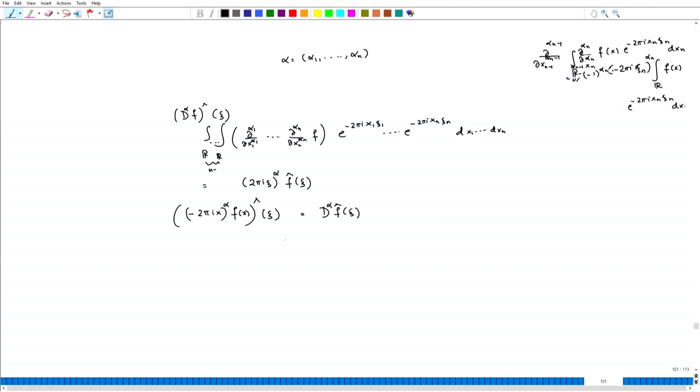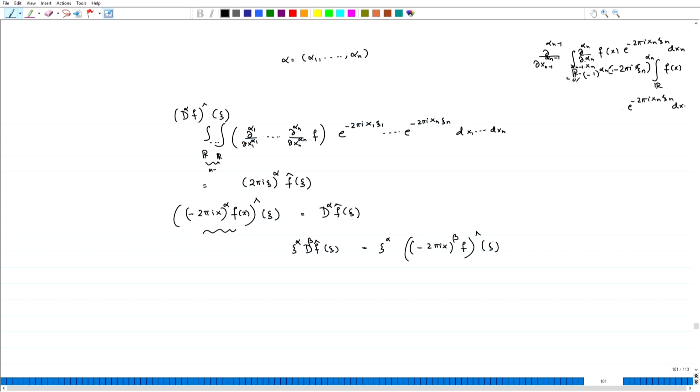With this observation, we can now convince ourselves that if we look at xi to the power alpha times ∂^beta of f hat at xi, then I know exactly what this is. This is going to be the Fourier transform of some Schwarz class function, which is essentially xi to the power alpha, with minus 2 pi i x to the power beta f, hat at xi.